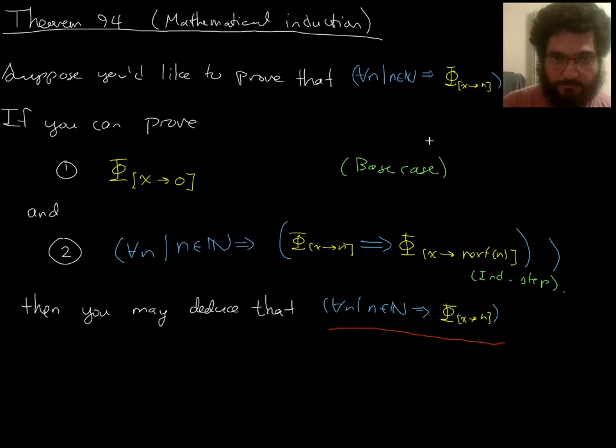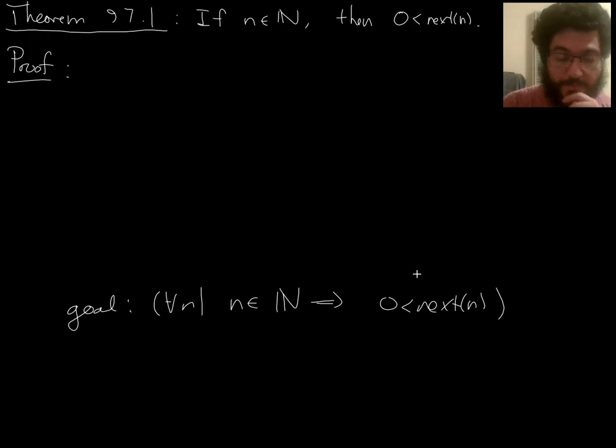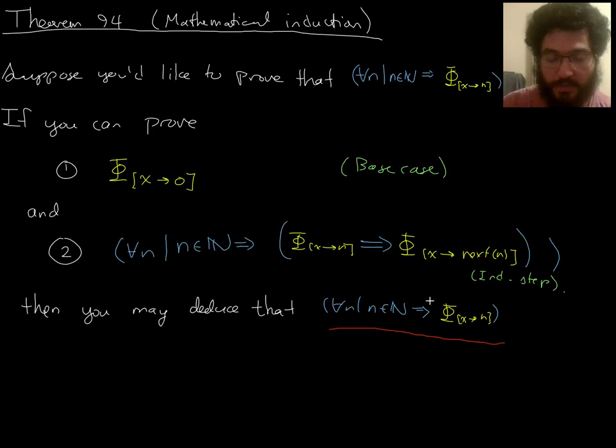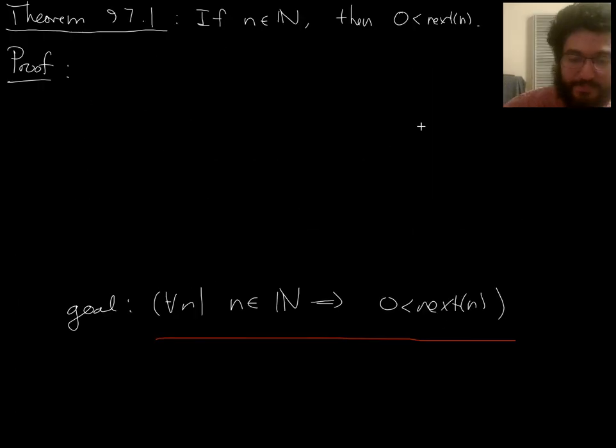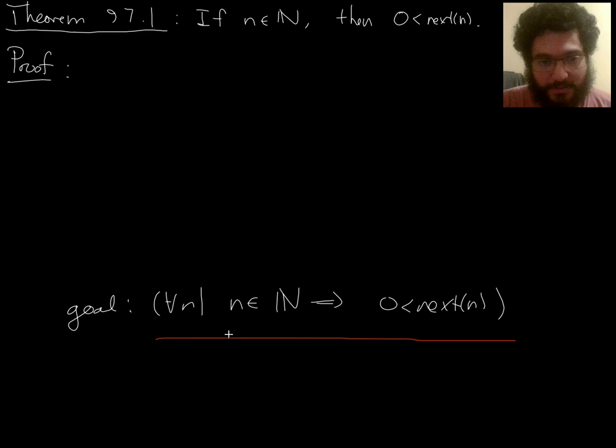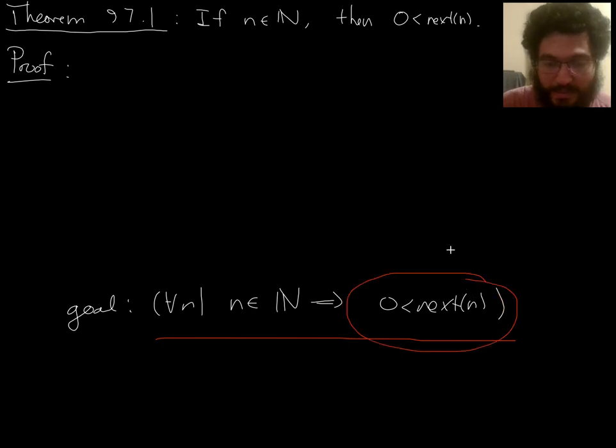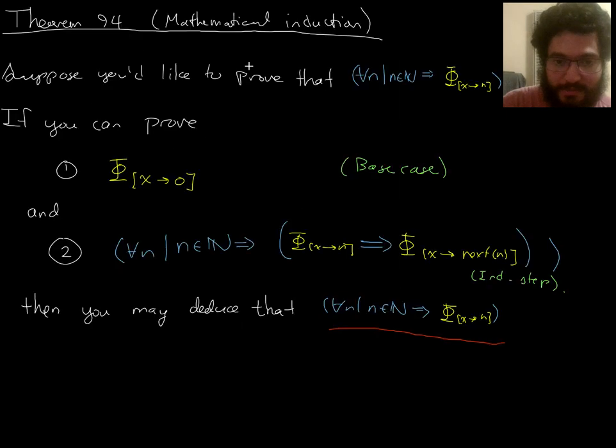So it just comes down to basically choosing phi. So I'm trying to match the form of this, the goal that I want, with what induction will provide. So I'm trying to prove all natural numbers. So okay, let me look here. We're trying to prove for all natural numbers n, this thing is true. So this thing is going to be the phi here, right?